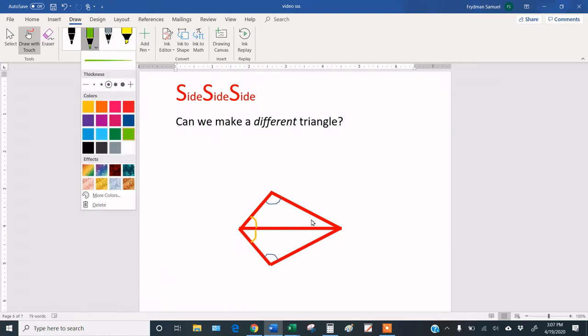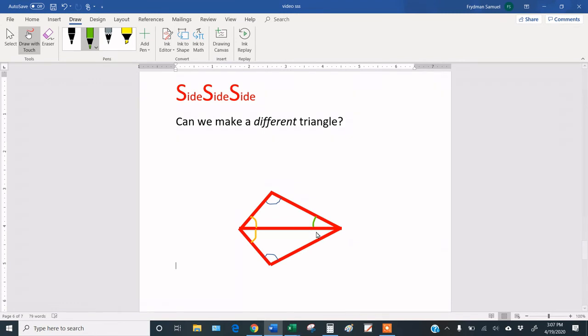And this angle is also the same as this angle. So all the sides and all of the angles of both triangles are still the same. So even though it's upside down, it's still considered to be the same triangle. In other words, it's congruent to the first triangle. And the answer here is another no. We cannot make a different triangle.